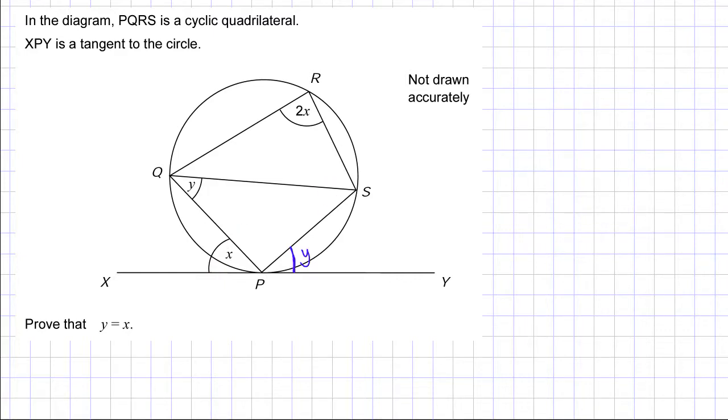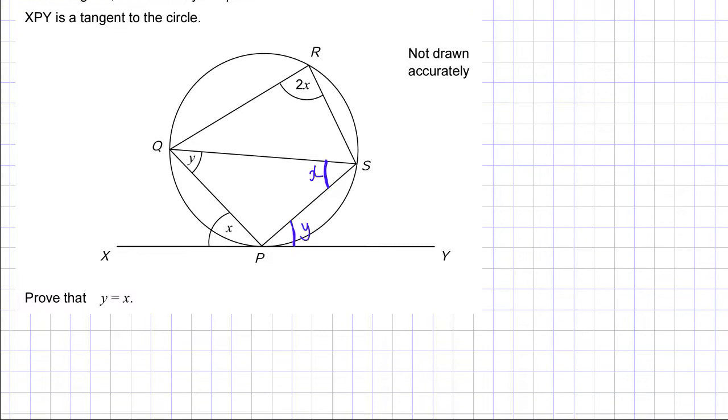So I can say that this is x, for the same reason, the alternate segment theorem. And then I can see that this angle here and this angle will add up to 180 because opposite angles in a cyclic quadrilateral add up to 180. So now I think I'm ready to start answering my question, because I can see that if I have this angle, then I have angles in a triangle add up to 180, or I can say angles on a straight line add up to 180.